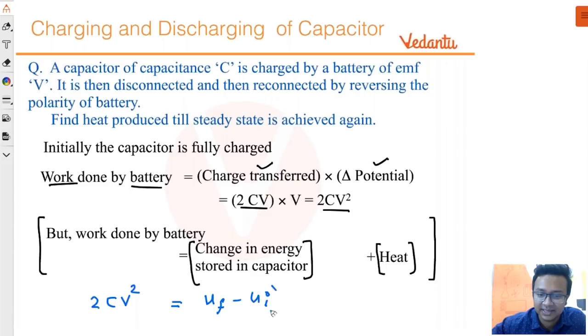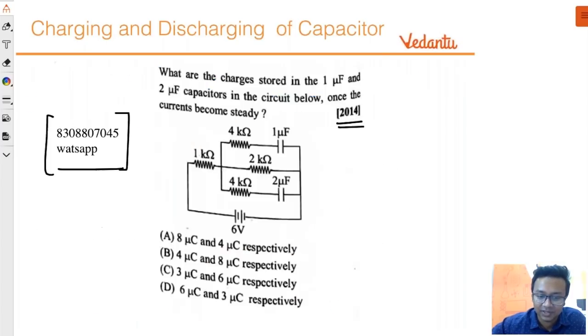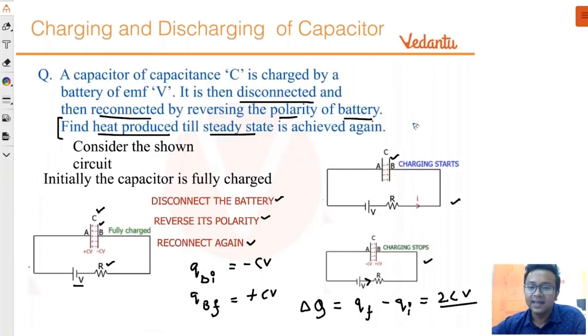Clear, students? Plus whatever heat was generated, so that's Q. Now let's get back to the circuit once again. Initially, it is half CV square, my dear students. This is my U initial.